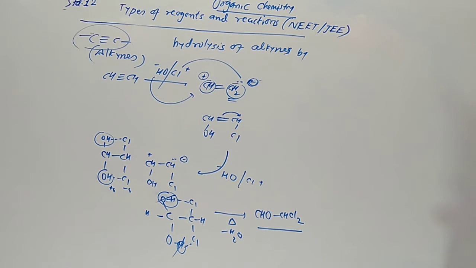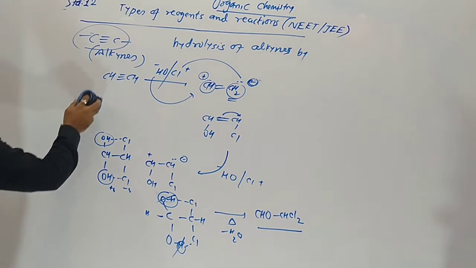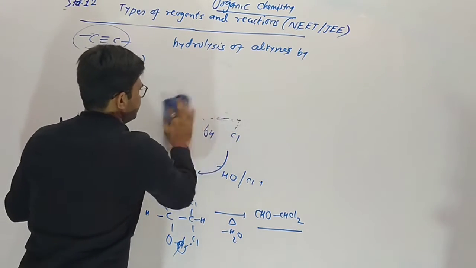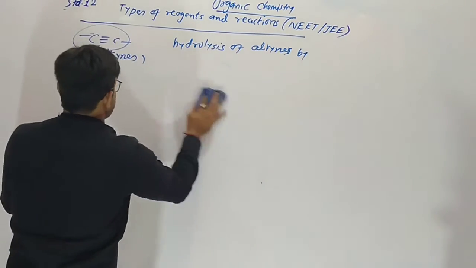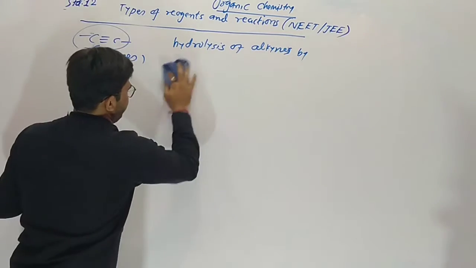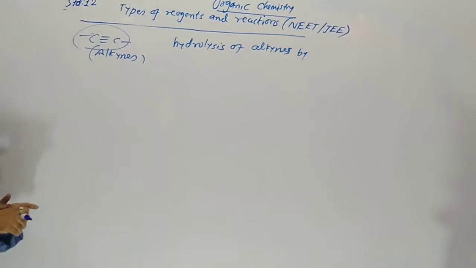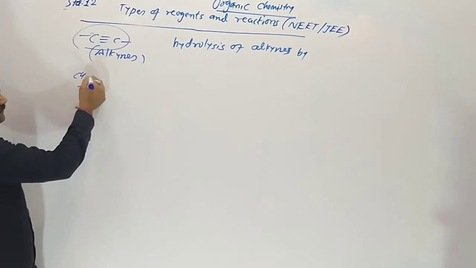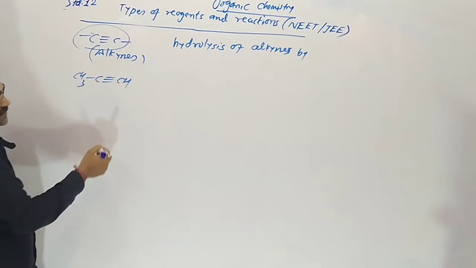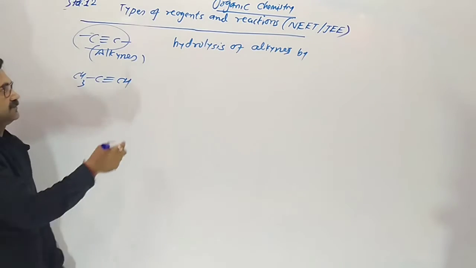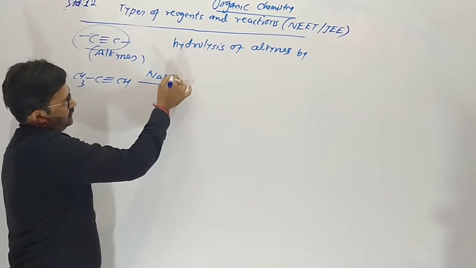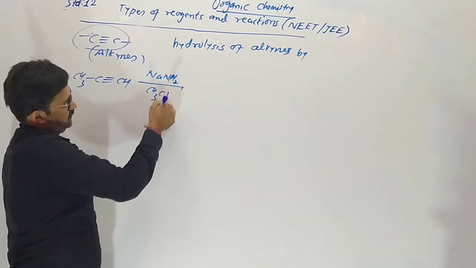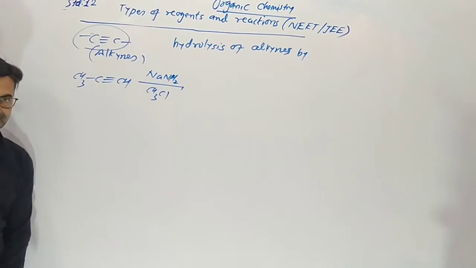Now I am giving you a fill in the blanks. This type of question is asked in our exam. CH3C triple bond CH is propyne, reacting with sodamide and methyl chloride, sodium amide.